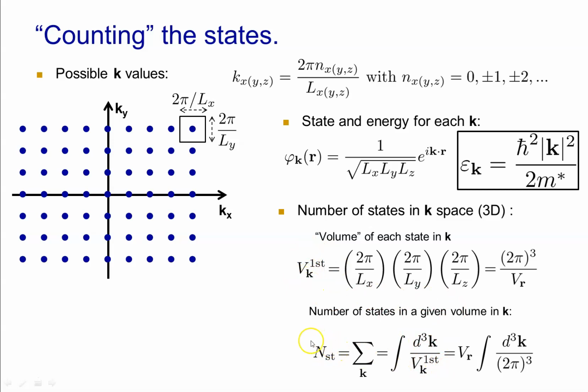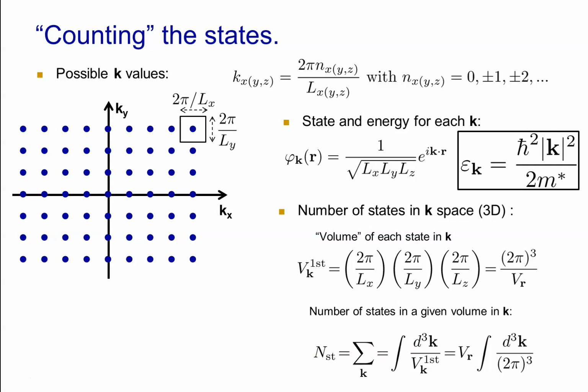That should give me an integer number. And of course, this will be my sum over k for this given volume, where k is restricted to this volume in k space. So for instance, if I take a cube here, I would have these states here, and I divide the volume by the volume for each state, and I get the total number of states.